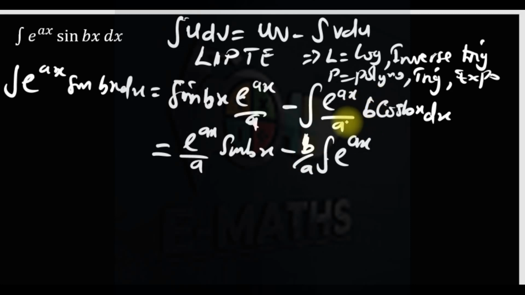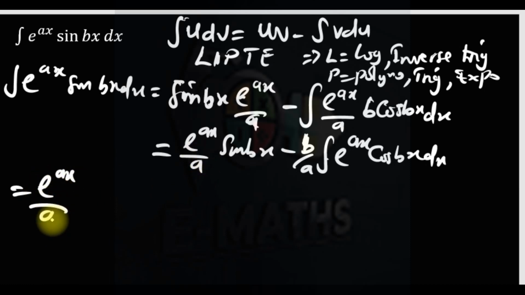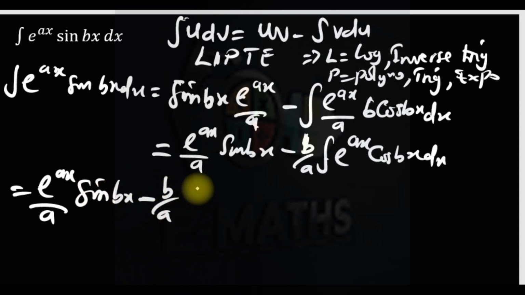The constant is b over a, times cos bx dx. So we still integrate by parts. Maybe let's write it so that we save space: it is equal to e raised to the power ax over a sine bx minus b over a. So we still apply integration by parts here.